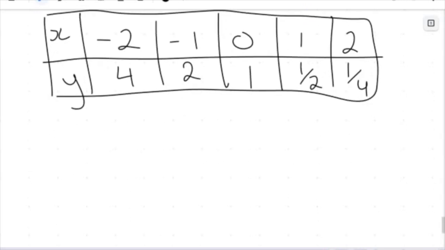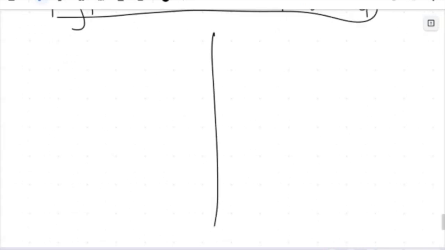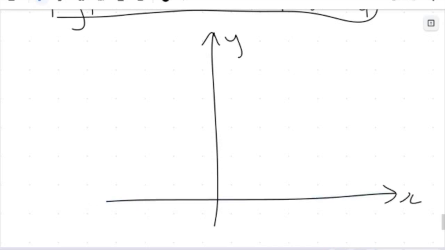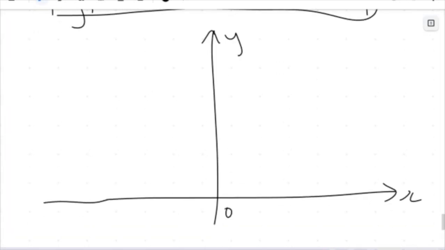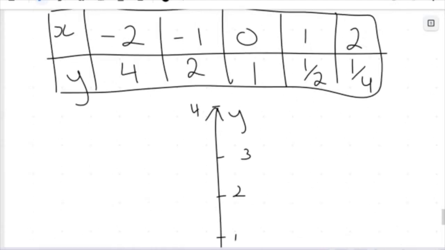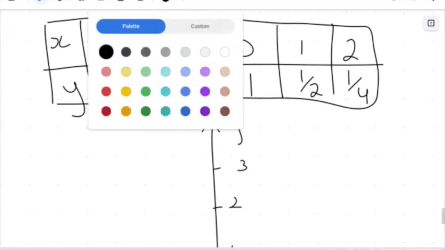So let's sketch this out, see what we end up getting. Okay, let's put in some values here. We get -1, -2, +1, +2, and we get 1, 2, 3, and then 4 up the top. Okay, so let's sub these values in.